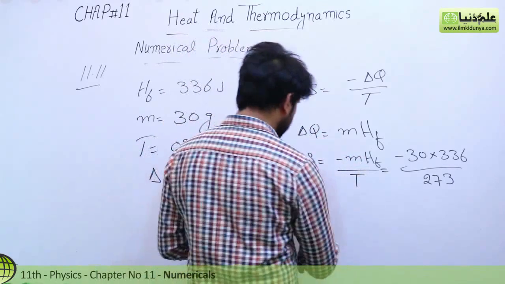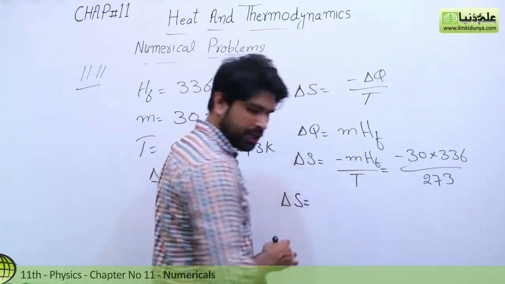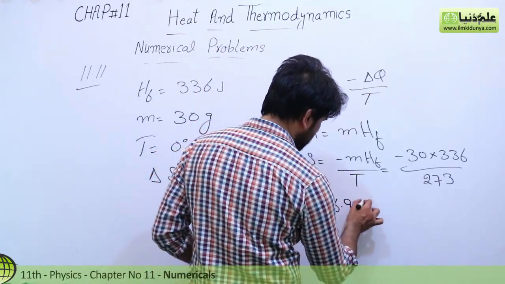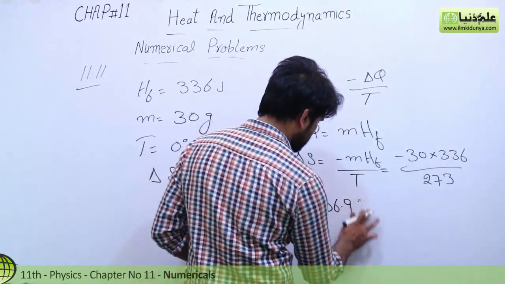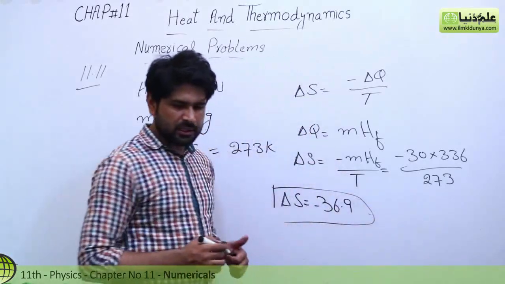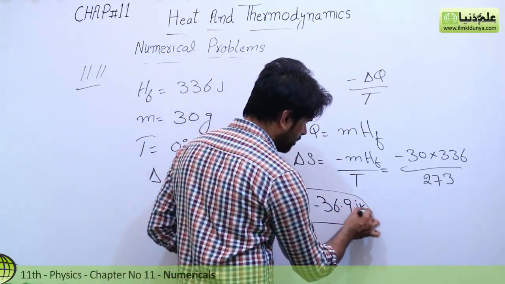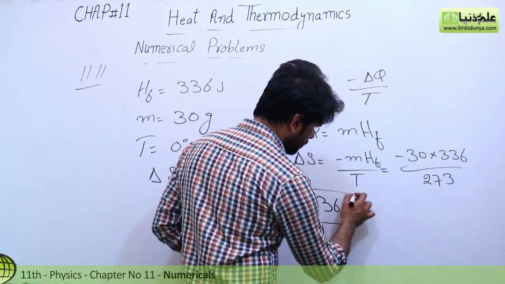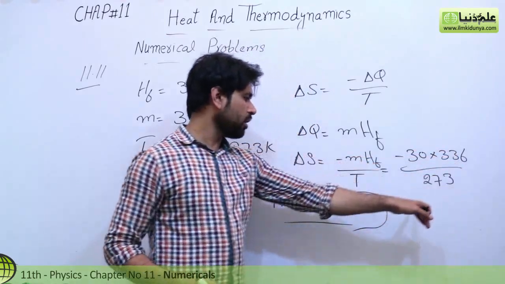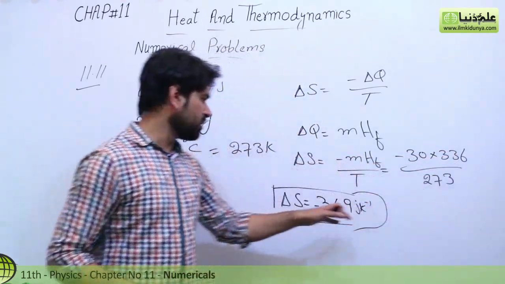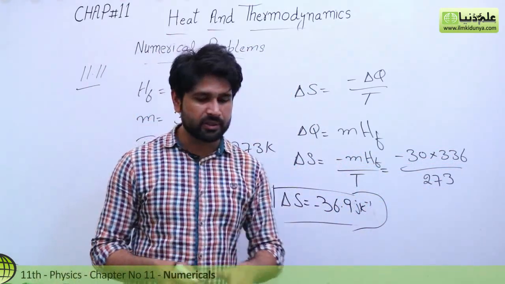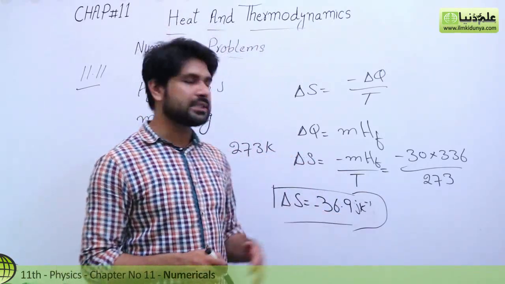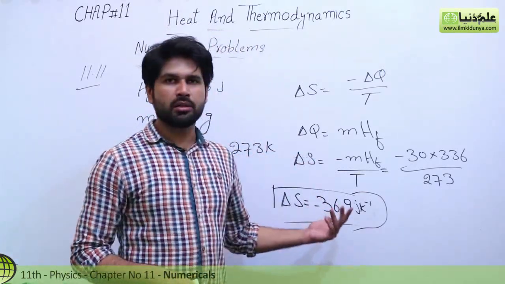Okay, in this way you can have your entropy, minus 36.9 joule per Kelvin. Energy in the form of joule and temperature in the form of Kelvin. So in this way you have minus 36.9, which is the calculator value, but in your textbook it's given as minus 36.8. So this is also correct.